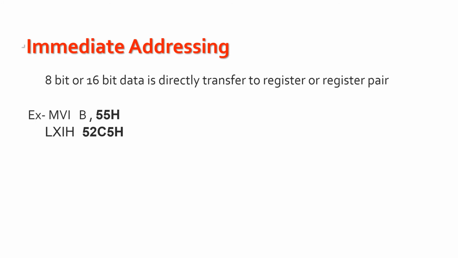For example, MVI B, 55H. Here 55H is 8-bit data which will get transferred to register B. Whereas in another example, LXI H, 52C5H, 52C5 is 16-bit data which will get transferred to the HL register pair.